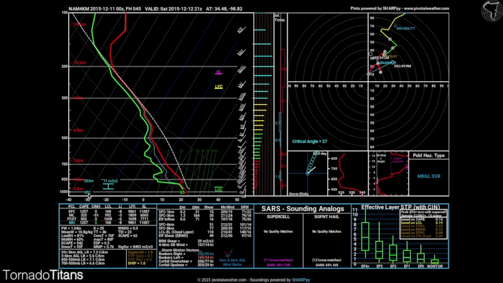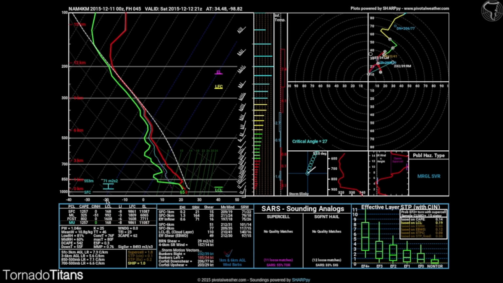From there you go up to 850, 700, 500, 300, 200, 100. Not 3,000. 3,000 millibars would be below the Earth's crust. But anyways, that's a very basic overview of the temperature and dew points.